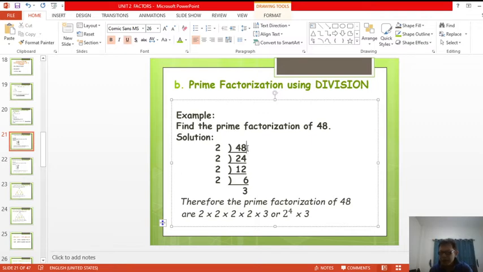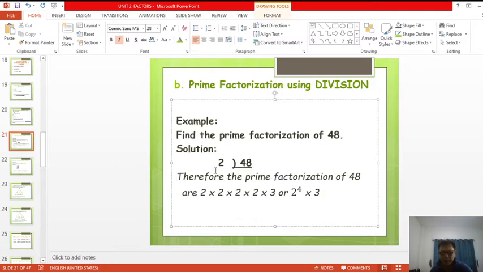The first thing you gotta write is 48, and you draw the reverse division sign. Let me take it out so that you can understand better. All you have to do is this. Now, what's next?